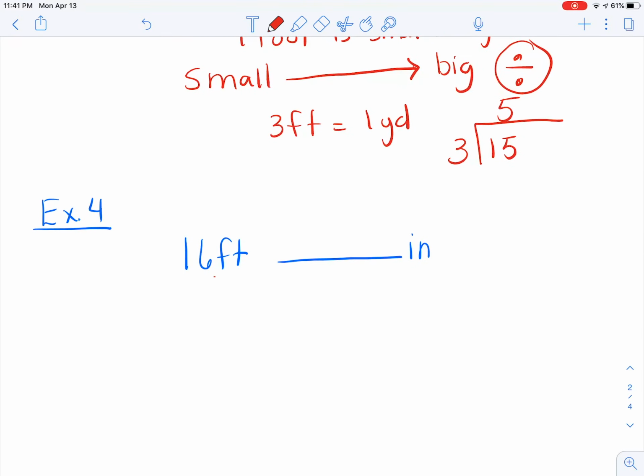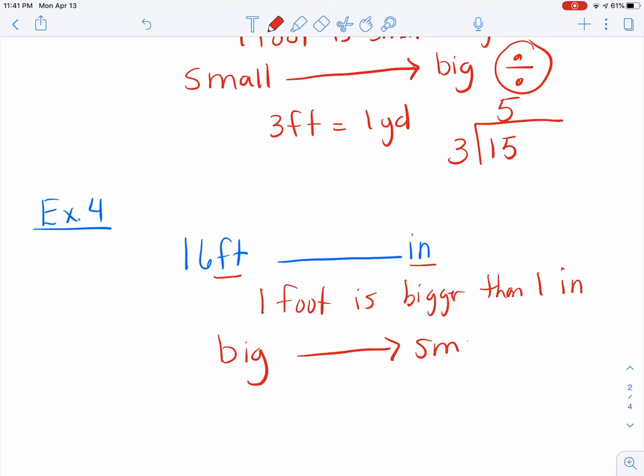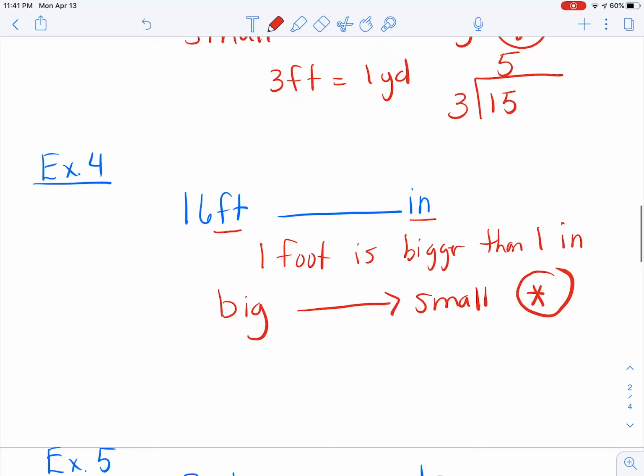All right, this time I'm going from feet to inches. So 1 foot is bigger than 1 inch. Well, what do I know? I know if I'm going from big to small, I'm going to multiply. 1 foot equals 12 inches.